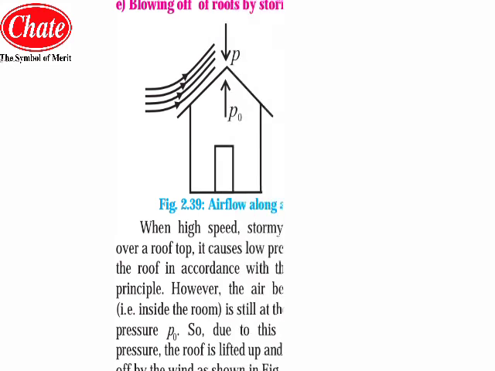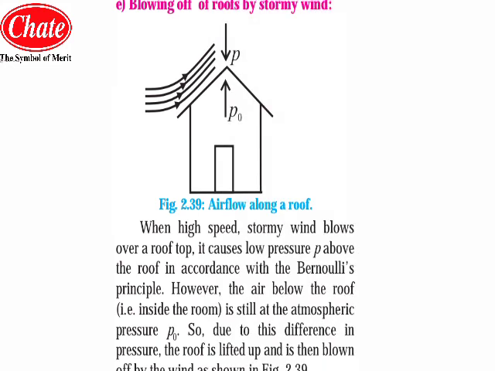Now students, we will see the fifth application, that is the blowing of roofs by stormy wind. You can see a model of a house, and the direction of the wind is shown going over the roof in a curved way.